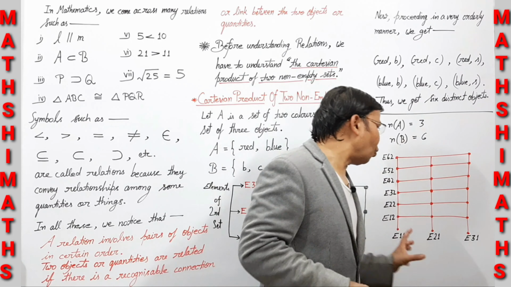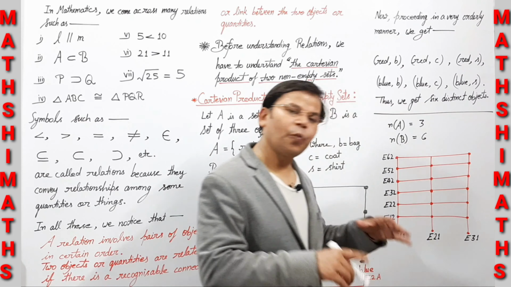So this is the way of representing elements of two sets to perform the operation of Cartesian product.